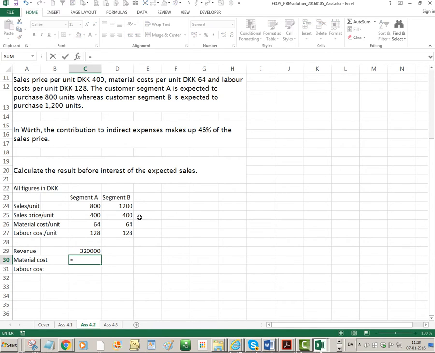We could have made this more fancy in Excel, but okay. Sales in units by material cost of cost. And again, sale in units by labor cost.